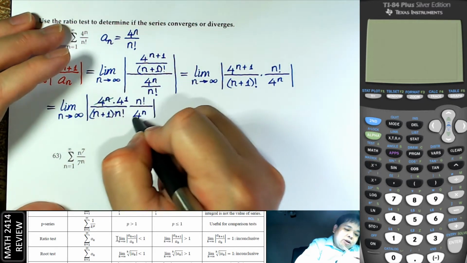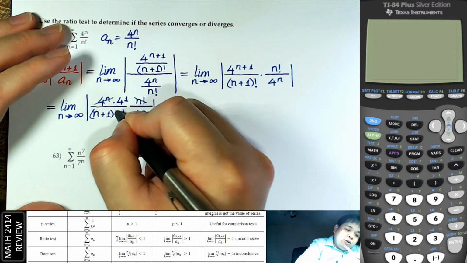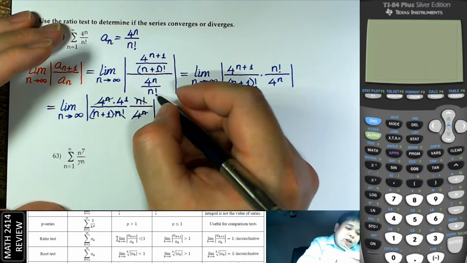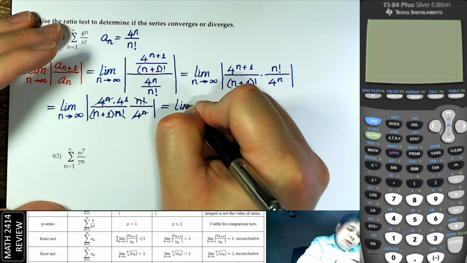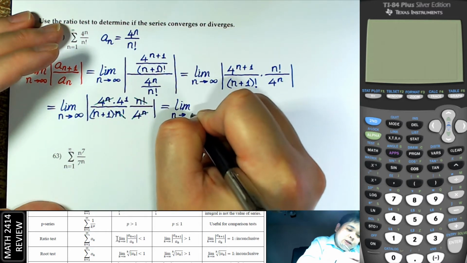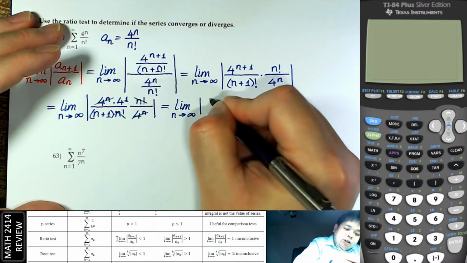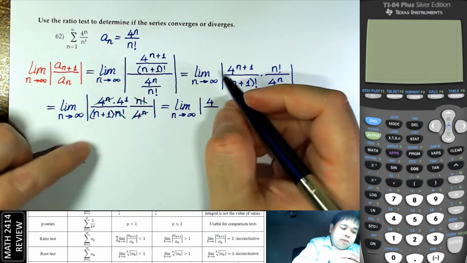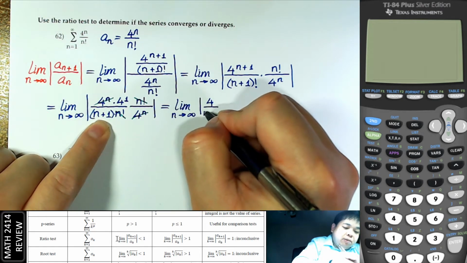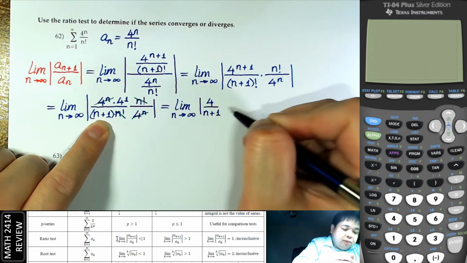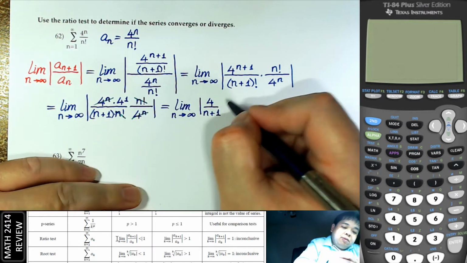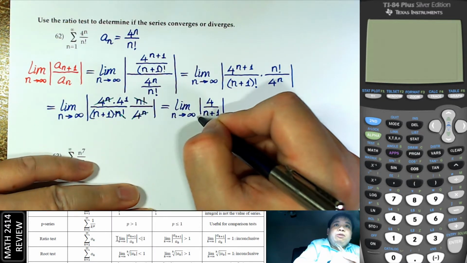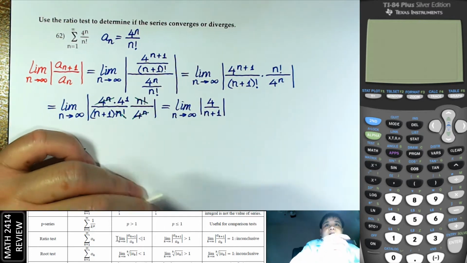4 to the n power cancel out, n factorial cancel out, and we're left with 4 on the top and n plus 1 at the bottom. Right? Now as n goes to infinity, the bottom is infinity, the top is 4.